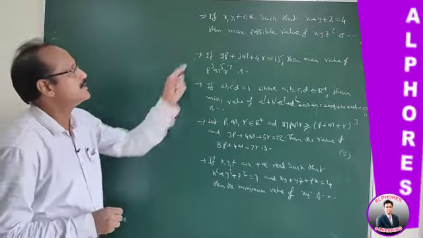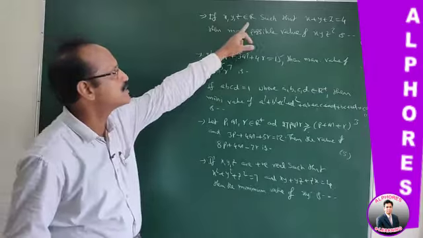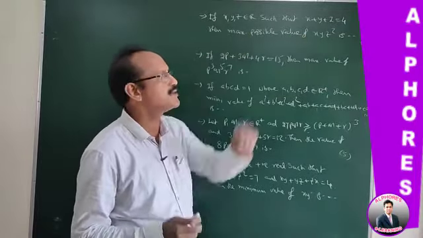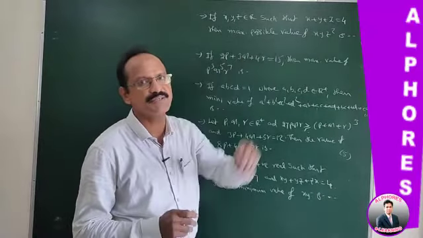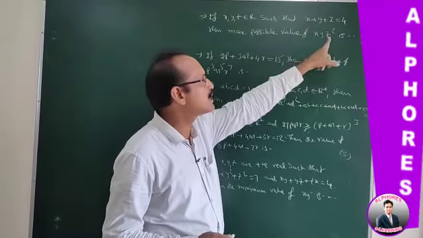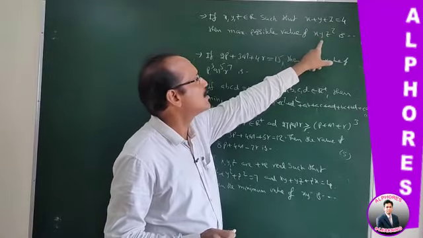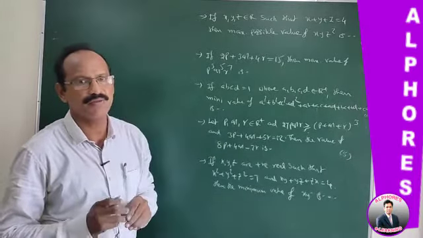First question: if x, y, z belong to R such that x plus y plus z is equal to 4, then the maximum possible value of x y z square is. Here the sum is given. Find out the maximum value.